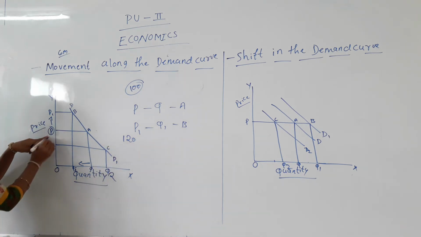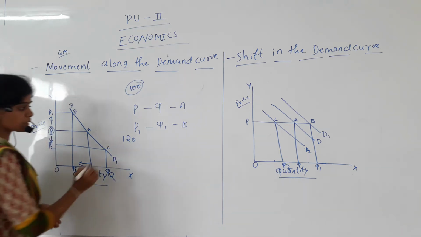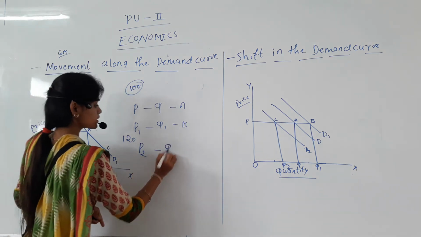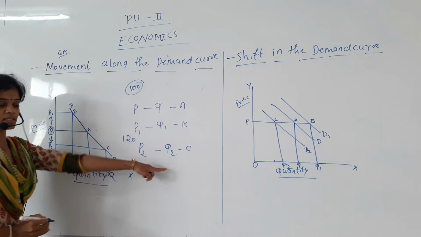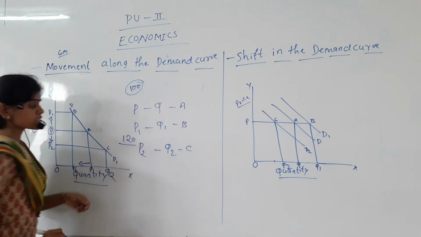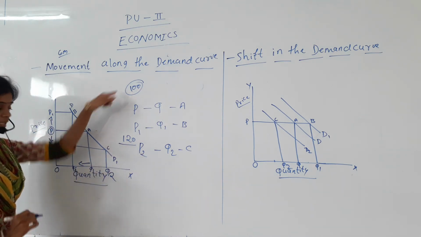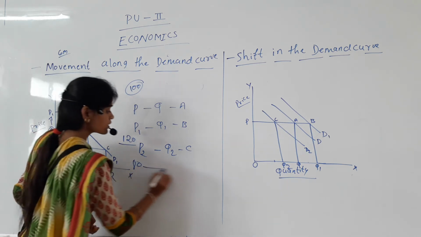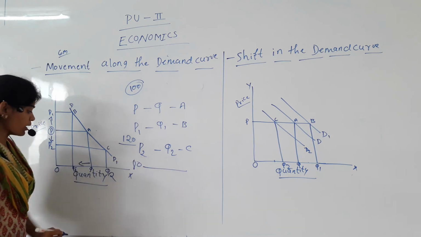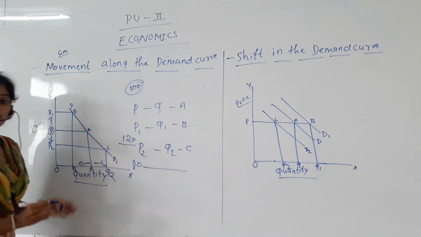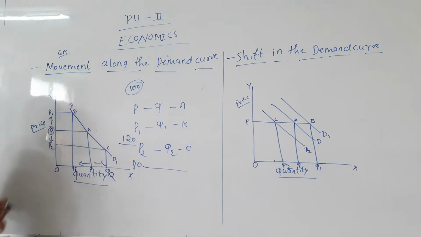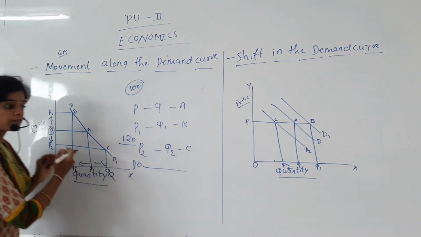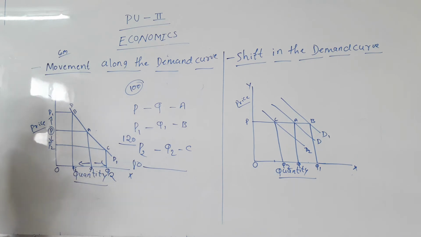Next, if the price is decreasing from P to P2, then the quantity is Q2 and the equilibrium point is C. The previous price is 100; if the price is decreased to 80, then the quantity will increase. Hence we conclude that if the price is increasing, the quantity will be decreasing. If the price is decreasing, the quantity will be increasing.